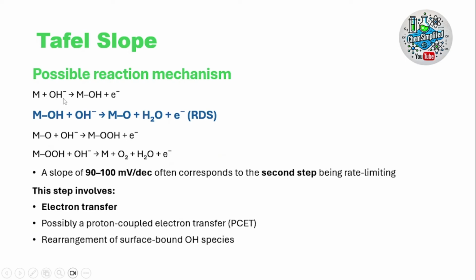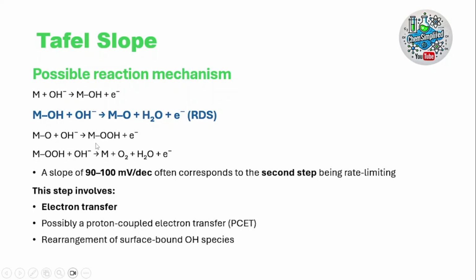In the first step, hydroxide ion from the electrolyte adsorbs on the surface of the metal catalyst. Second step, metal hydroxide combines and takes the proton from this and converts into metal oxygen, along with the release of water and one electron.